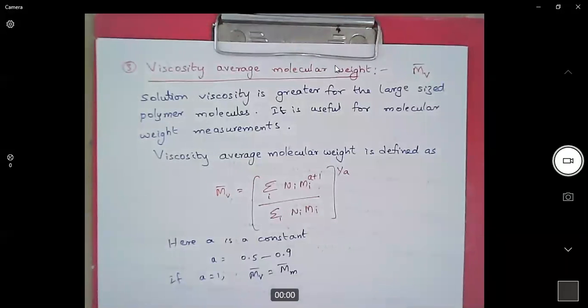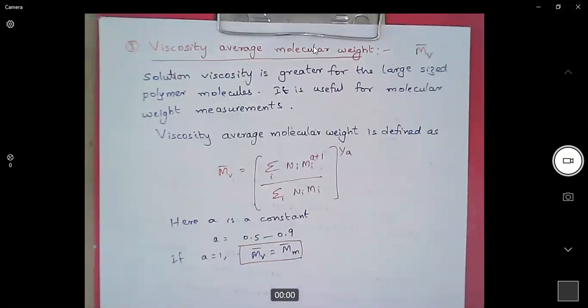So for polymers with a value as 1, M_v bar is equal to M_w bar. That means M_v bar is almost closer to the M_w bar.